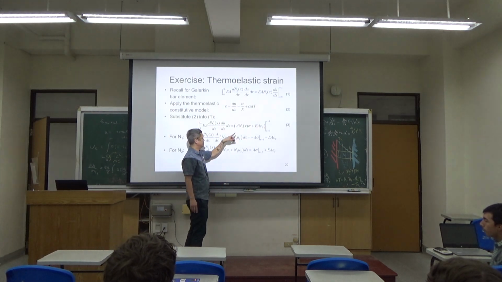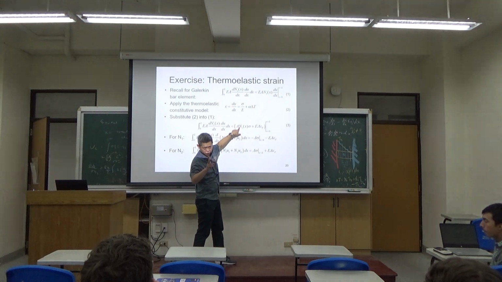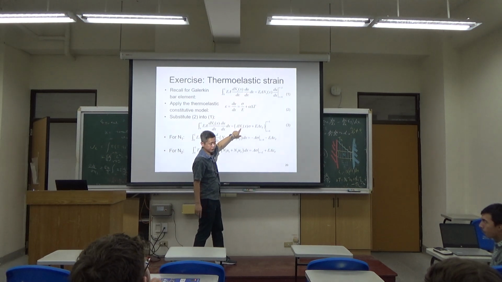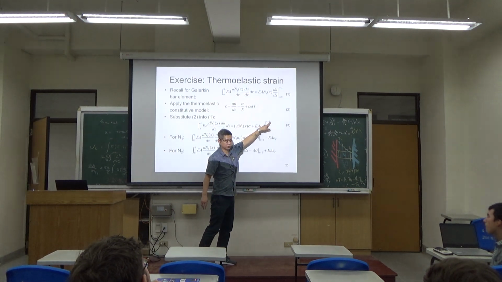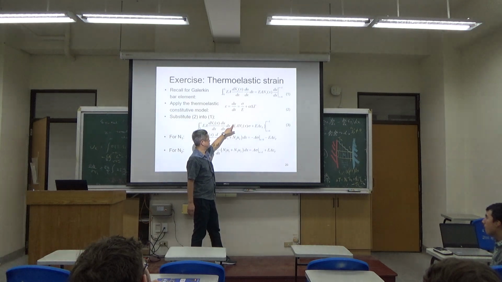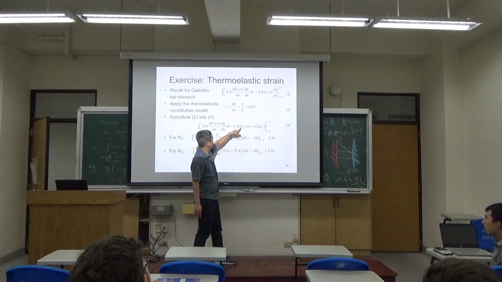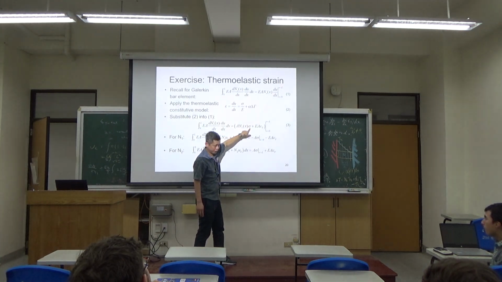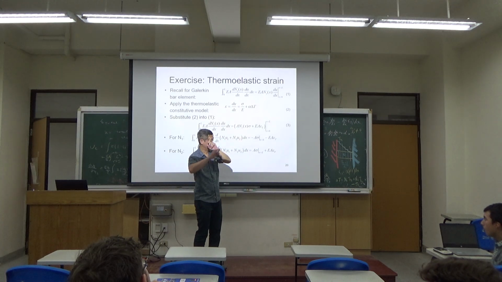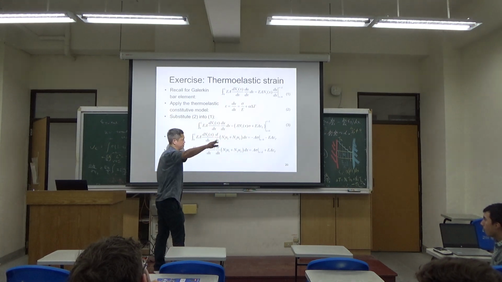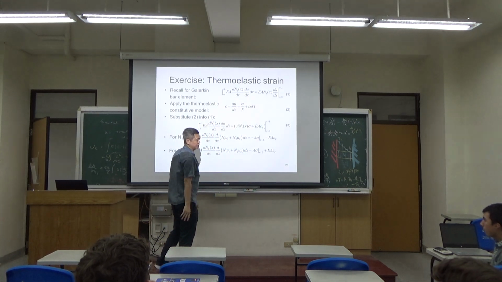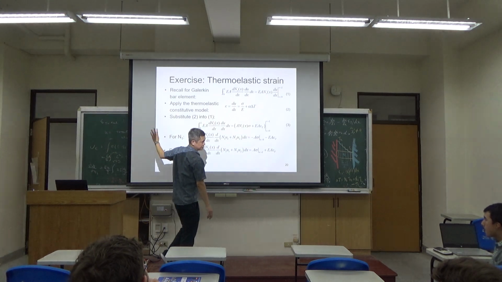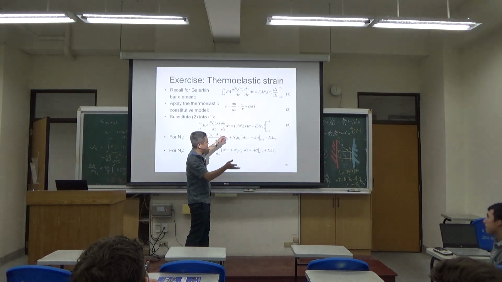If the shape function 2 is 1 at x equal to L, then it will be positive A sigma. So the stress on the right hand side is positive, and the stress on the left hand side is negative for pure tension.